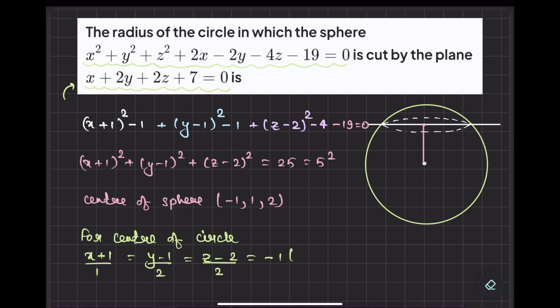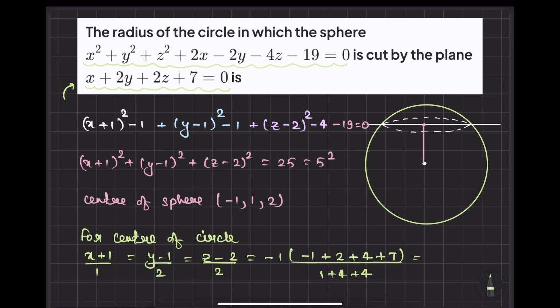So satisfy the point: minus 1 plus 2 plus 4 plus 7. This is point satisfaction upon root under a square plus b square plus c square. So 1, 4, 4, which is 9. We don't have the root over here. In the foot of perpendicular and image we don't have the root, so this is 9.